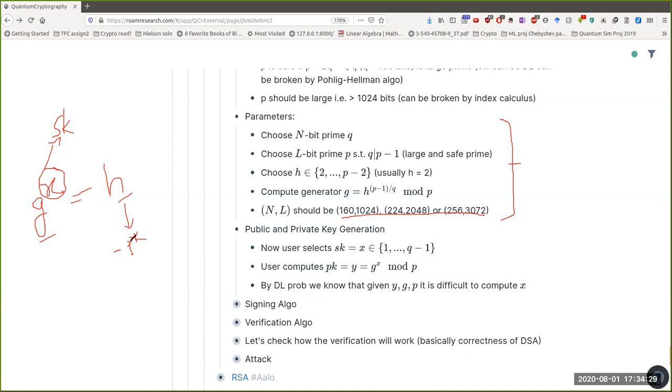Why? Because the attacker knows this public value. The attacker also knows this. Kerckhoffs's principle tells you that everything should be public except your private keys. So everything's public, but the attacker does not know x. If the attacker could break x, the attacker could then sign on my behalf, basically impersonating me.